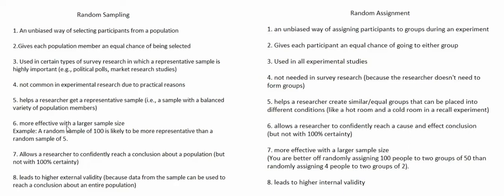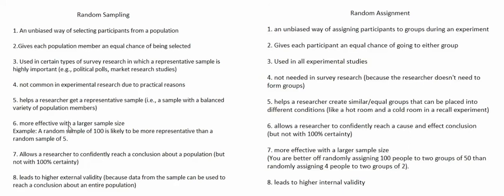Random sampling and random assignment are both, I'm on point number 6 now. Random sampling and random assignment are both more effective, more reliable with a bigger sample. So in random sampling, you're more likely to get a representative sample of a population if you randomly sample 100 than if you only randomly sampled 2 people, right?